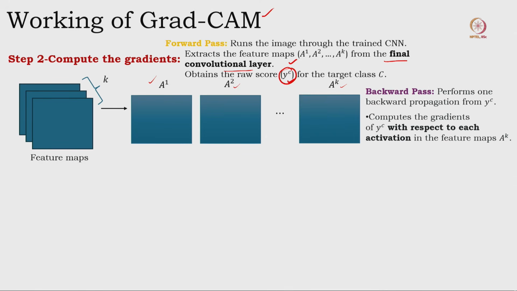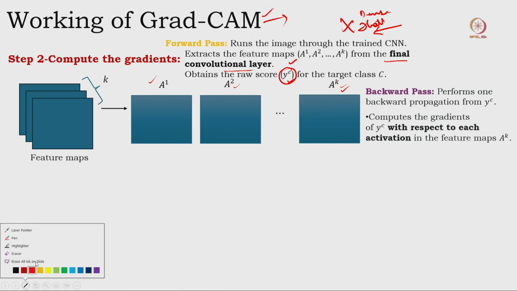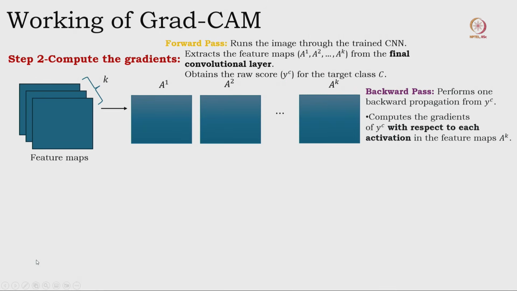It only requires the gradients of these feature maps. Although in the backward pass we get the gradients at the dense and flattened layers, Grad-CAM does not use these values. What Grad-CAM requires is only the gradients of each of these feature maps.